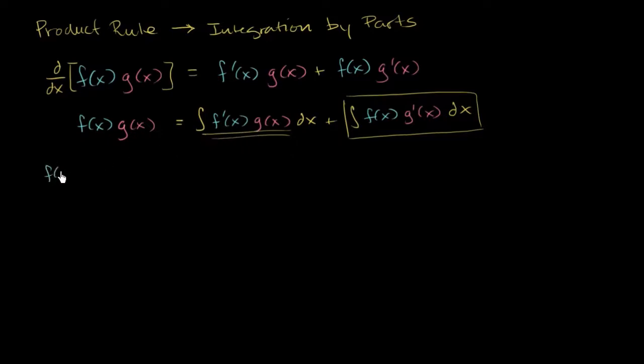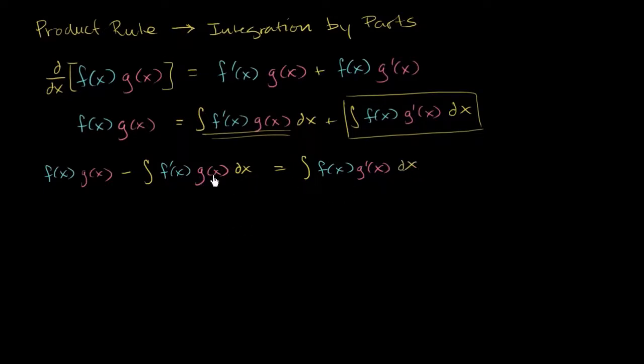I'm left with f of x times g of x minus the antiderivative of f prime of x g of x dx is equal to what I wanted to solve for, the antiderivative of f of x g prime of x dx.